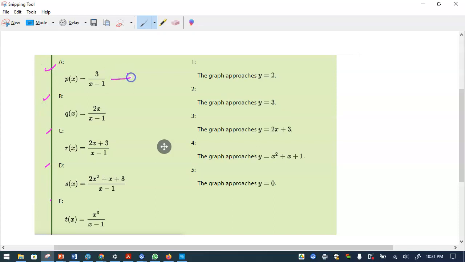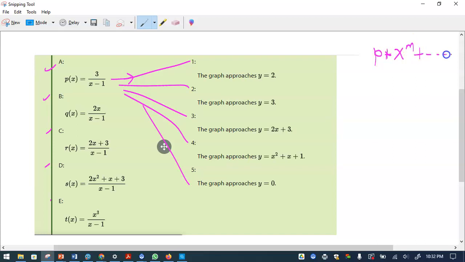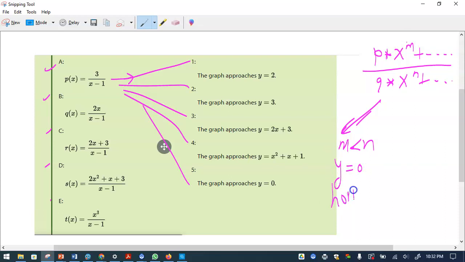All you need to know is that whenever you have p times x raised to m plus something on top, and q times x raised to n on the bottom, then option 1: if m is less than n, so if the degree of the numerator is less than the denominator, then y equals 0 is the horizontal asymptote.